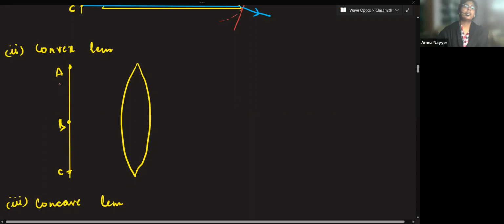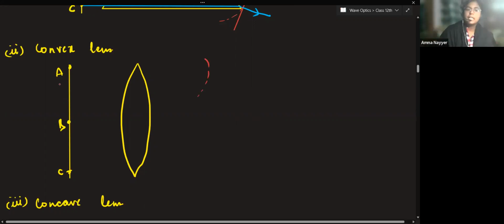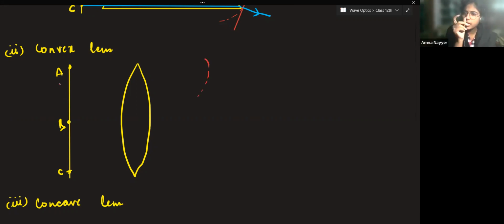Now see, for A point, this length is greater, means the distance that the wave has to cover is greater. So if you plot the arc that will be obtained for this particular point, this will be at a greater depth. See, this will be the radius. Now for B point, the glass is thicker at the center because this is what type of lens?